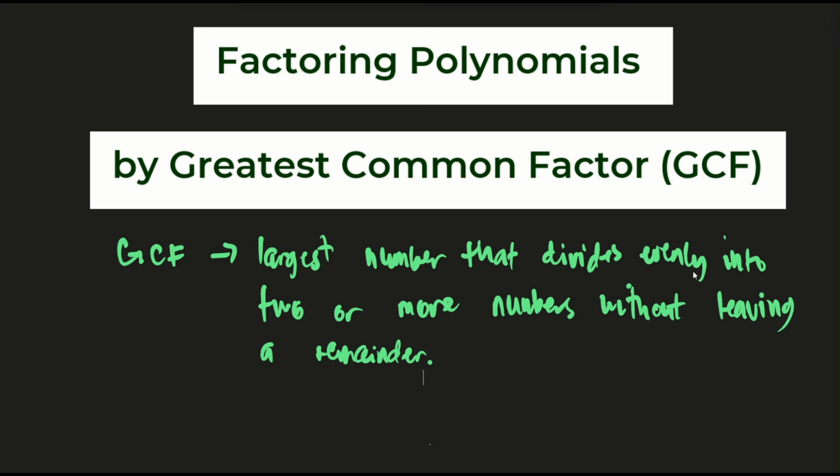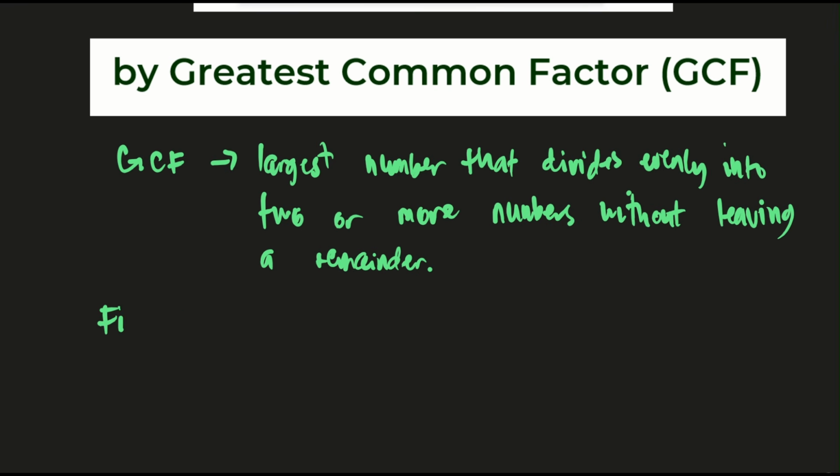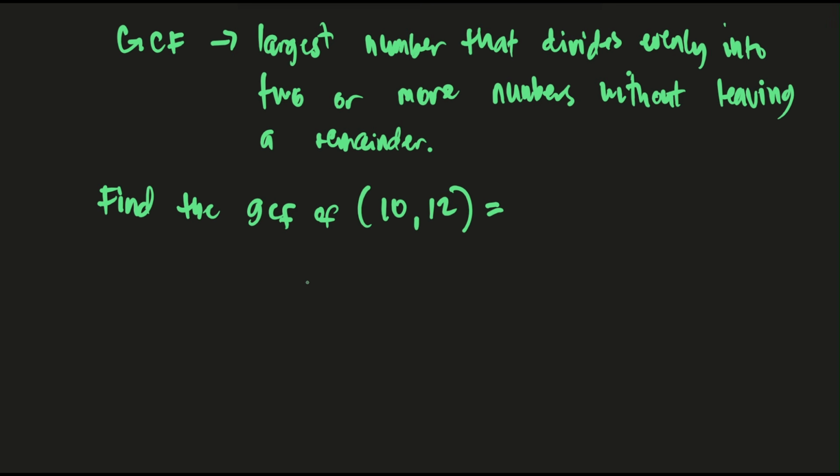So what I mean about that, example, find the GCF of 10 and 12. Okay, first let's look at 10. What are the numbers that if you're going to multiply, you would have 10? That would be 1 and 10. We also have 5 and 2, right? 2 and 5. How about 12?